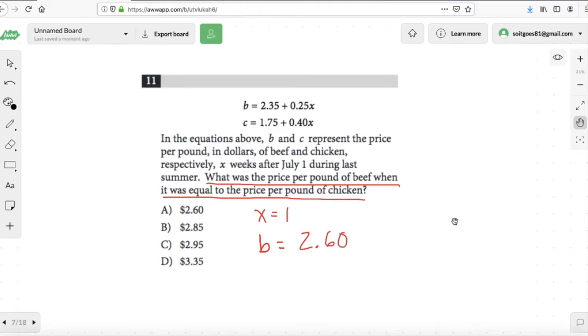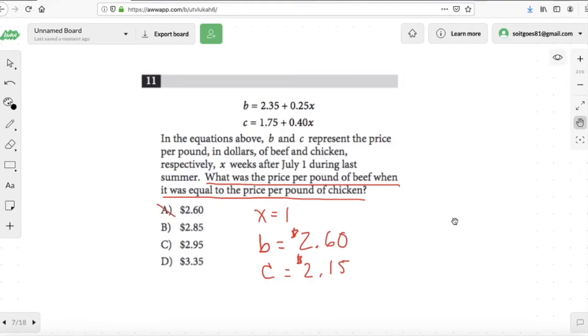Does that make sense? Okay. What's the chicken price? $2.15. Which are not equal to each other. So x isn't 1, and I can eliminate answer choice A, because I know when beef is $2.60, the chicken price isn't $2.60. Does that make sense?